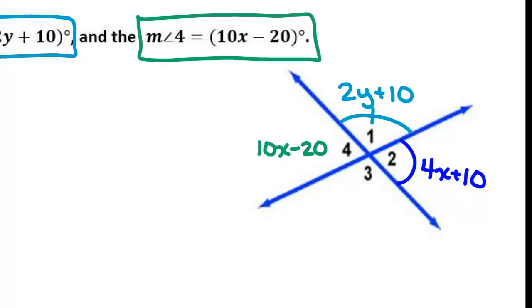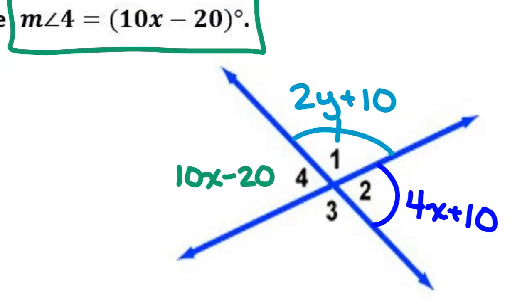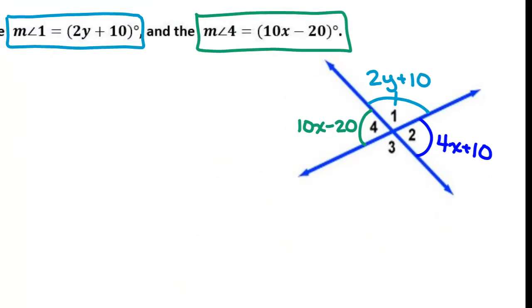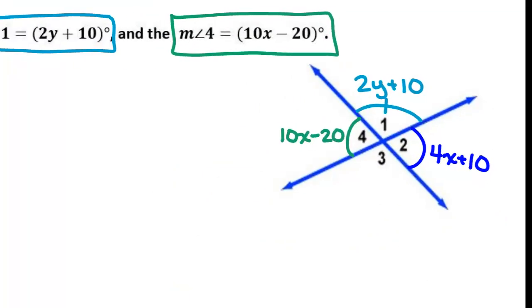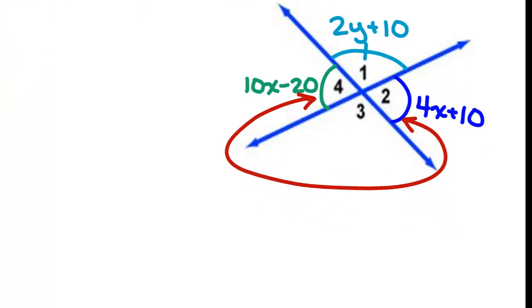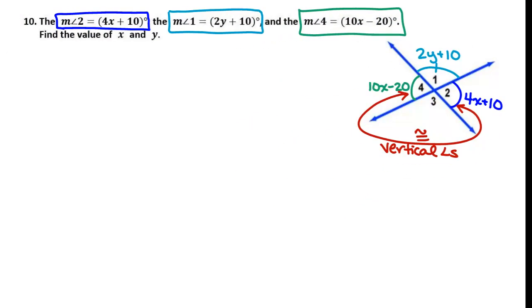What do we know about angle 2 and angle 4? They're the same measurement. They're congruent. And how do we know that? What's the name for this special angle pair here? Vertical angles, yes. And vertical angles are congruent.